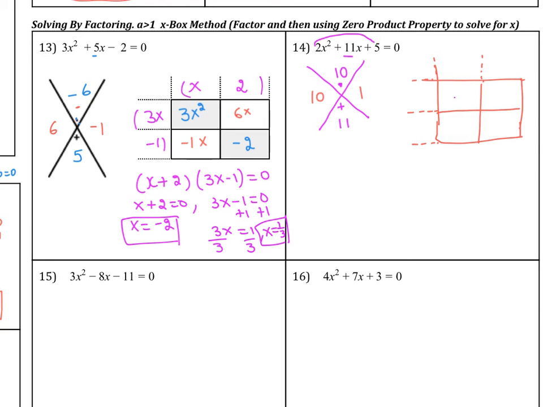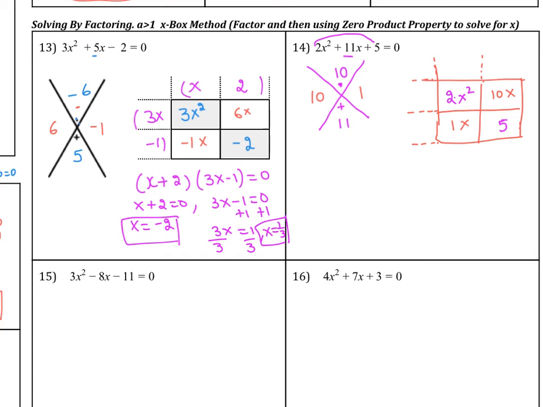Now in the first box you're going to write the first term, and in the last one you're going to write the last term. And the other two boxes would be filled with the numbers that you just found, that is 10x plus 1x. The GCF of this row is going to be 2x.